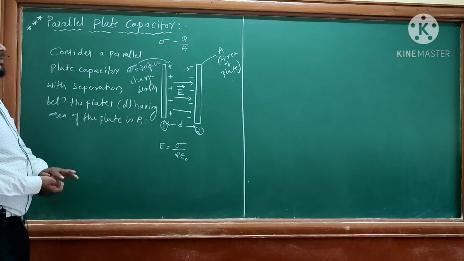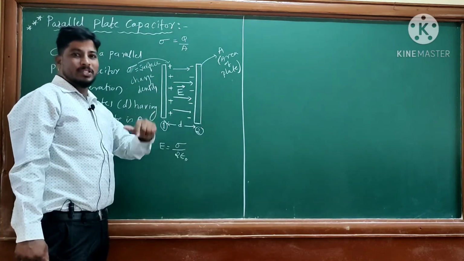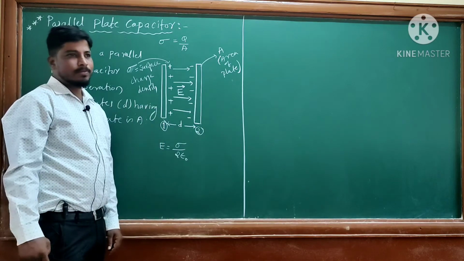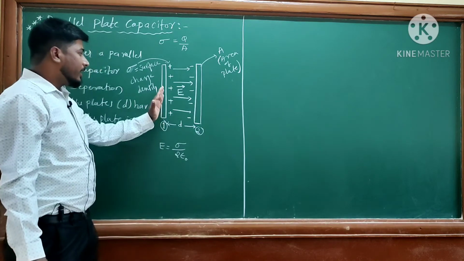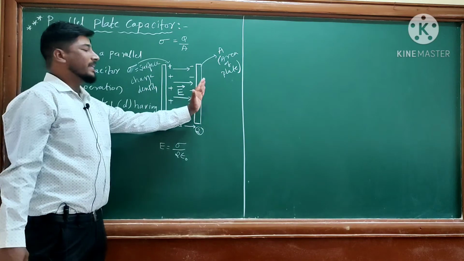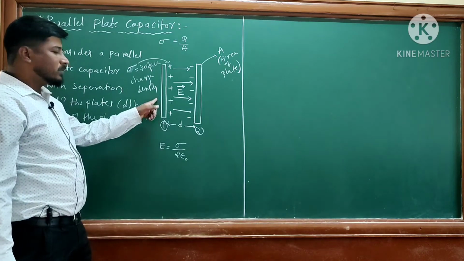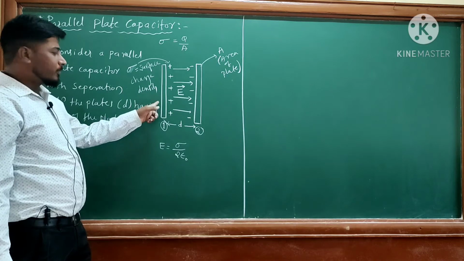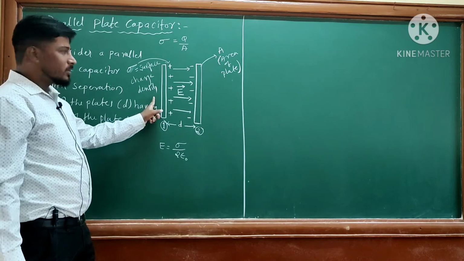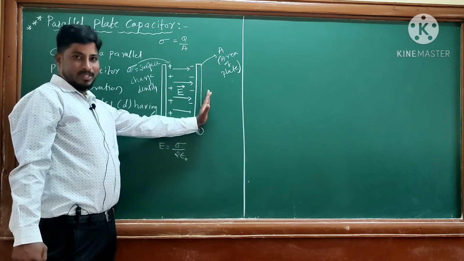So we know that there is an electric field between the plates. Now the electric field outside the region of plate 1 and plate 2 is 0. In the outer region there is no electric field due to plate 1, and likewise for the second plate.